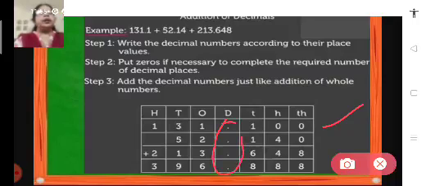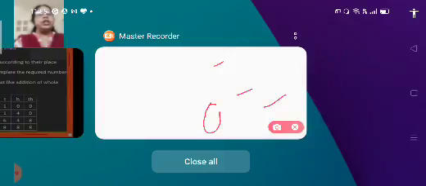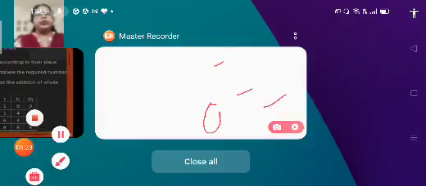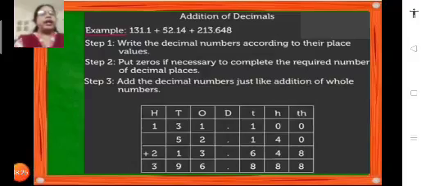And we have to add zeros so that we have an equal number of decimal places, that is, the decimal numbers are like decimals. So we write them according to the place values, put zeros if needed, and then we add the numbers just like the addition of whole numbers.